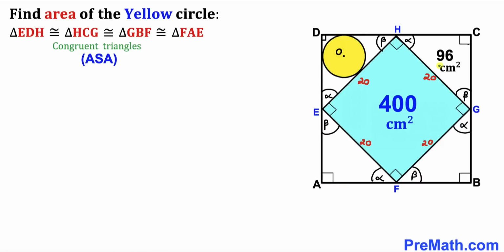Since all these triangles are congruent, if the area for this triangle is 96, then the area for all these triangles must be 96 centimeters square as well.